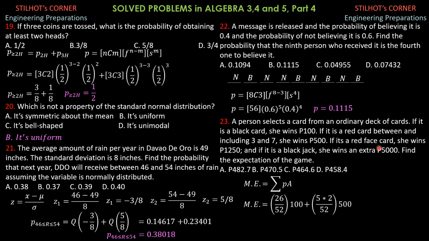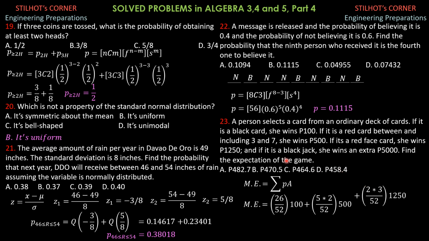If this is a red face card, Jack, Queen, and King, 2 red face cards per suit. So there are 3 face cards, Jack, Queen, and King. So 3 times 2. Probability is 3 times 2 over 52, then times 1,250.